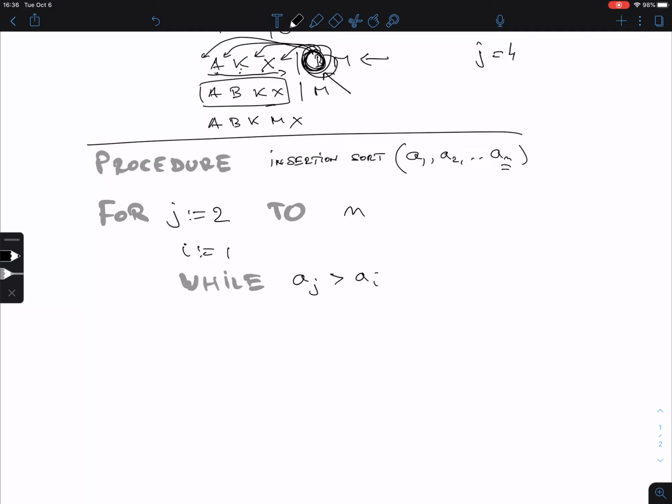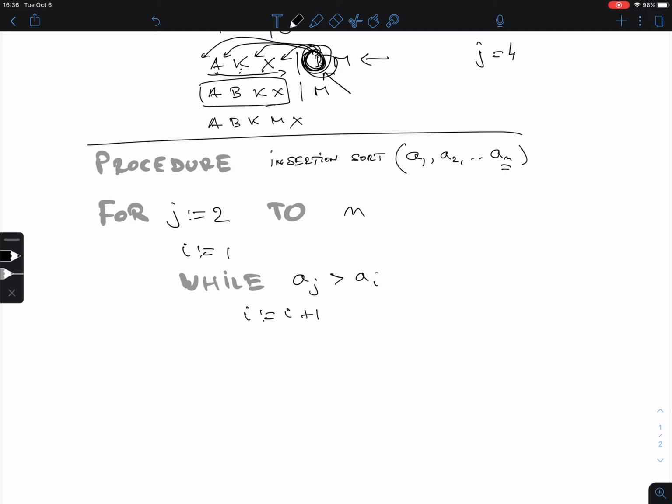Remember this I here, this counter? This counter keeps track of where in this front list I am trying to match my element, my aj. So while aj is bigger, I know I have to keep going. So I is I plus 1.